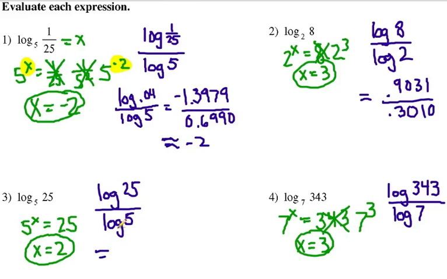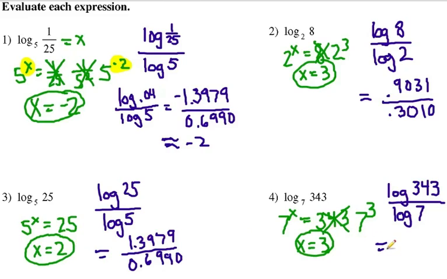All right, on number 3, log of 25 over log of 5 is 1.3979, rounded, of course, over 0.6990. We divide that out and it should be about 2.